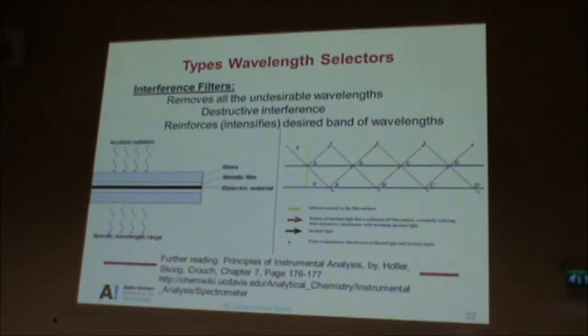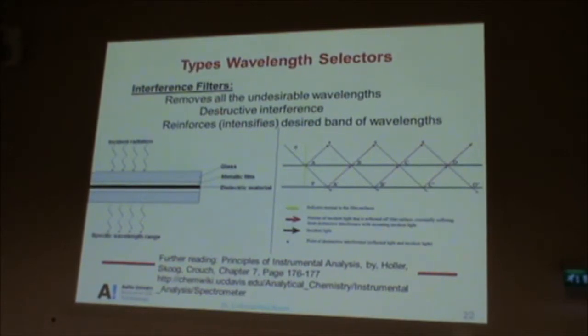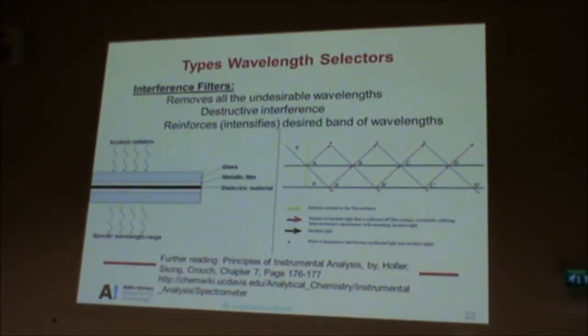Whether the light wave undergoes destructive or constructive interference depends on the actual wavelength that is coming in, and also the path length, how much distance it is traveling between this. Depending on the thickness of the dielectric we have, we can change the wavelength that undergoes destructive or constructive interference.